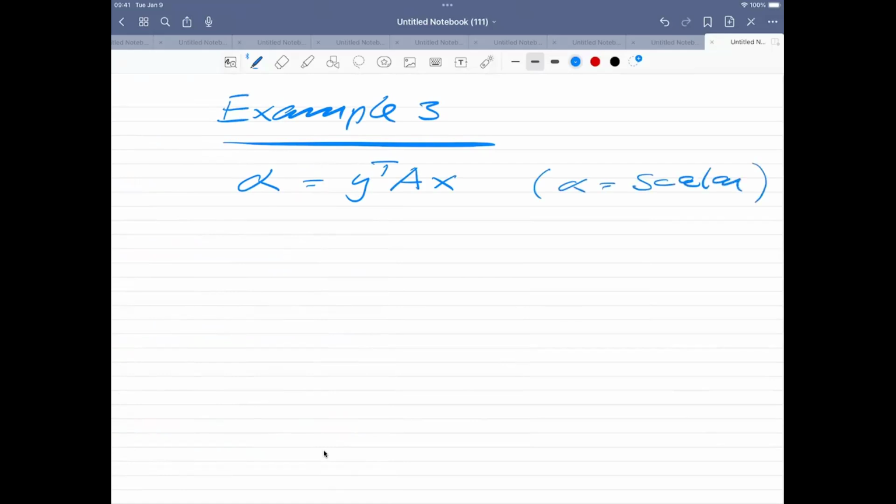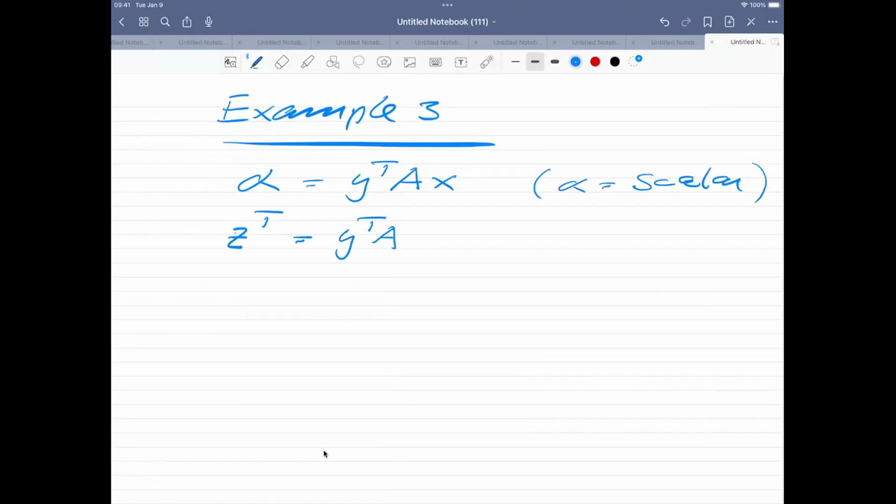Now, what you could do is simply to use what you had in example 2 and redefine the quantity you have here and just define z of t equal to y of t times A. That's the simplest way you can do this. Because y of t times A gives you a vector.